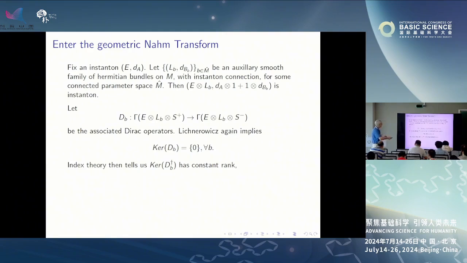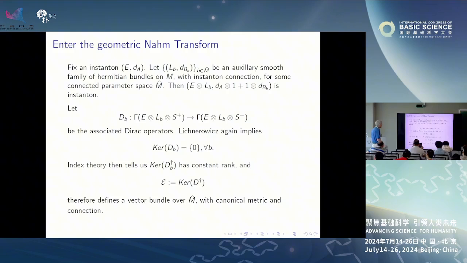So I have a smoothly varying family of operators, so index theory tells you the index is constant, which then implies that the kernel of the adjoint of the Dirac operator has constant rank, and therefore you can use it to define a kernel bundle, which I call calligraphic E, on M hat, or a bundle on each component of M hat.